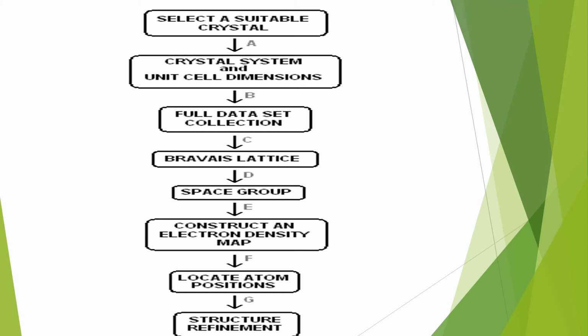This is a schematic diagram in which we select a suitable crystal first, and then the crystal system and the unit cell dimensions are studied. Then the full data set collection is measured, and after that the reciprocal lattices are observed, and then the space group is found.